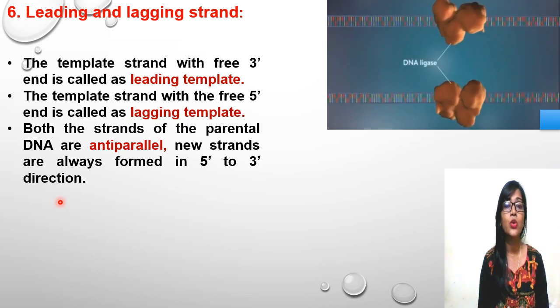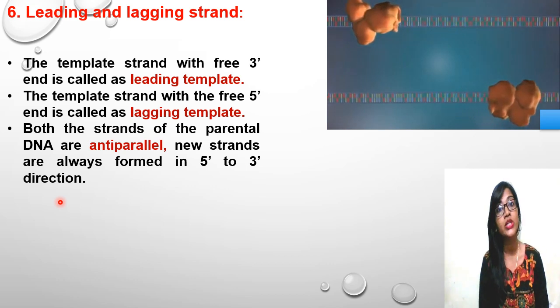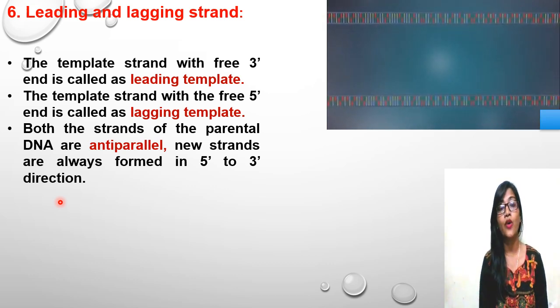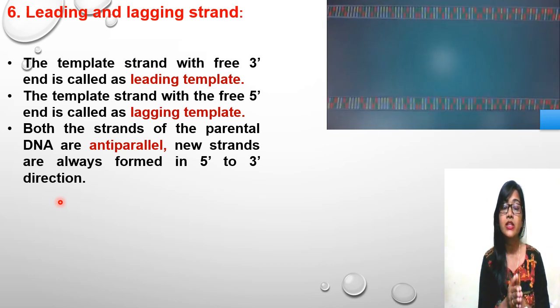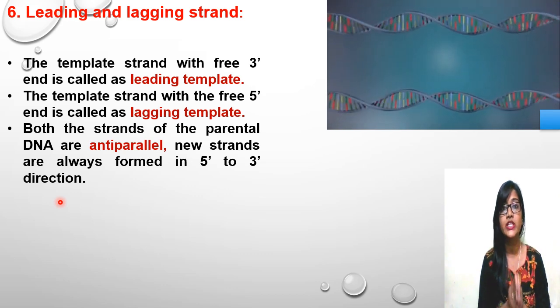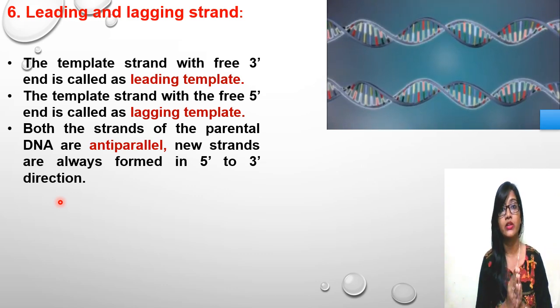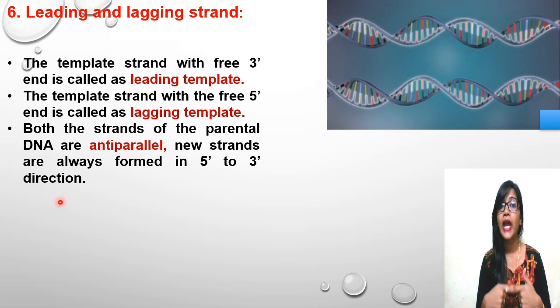Because we all know, when you're talking about the template strand, or the old double helical structure of the DNA, we have studied that DNA is anti-parallel. Two strands are anti-parallel.